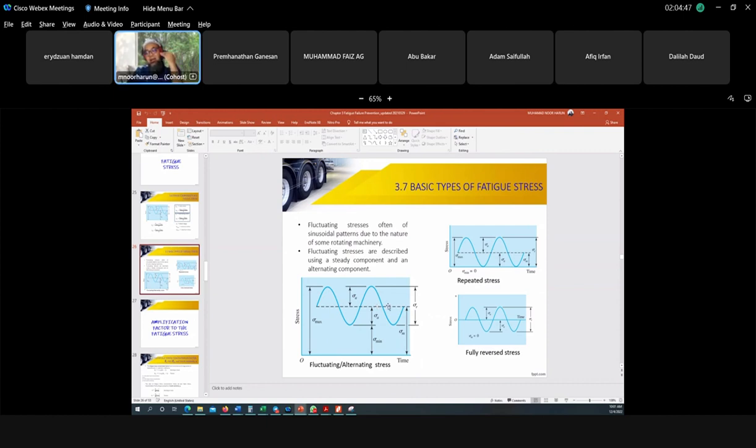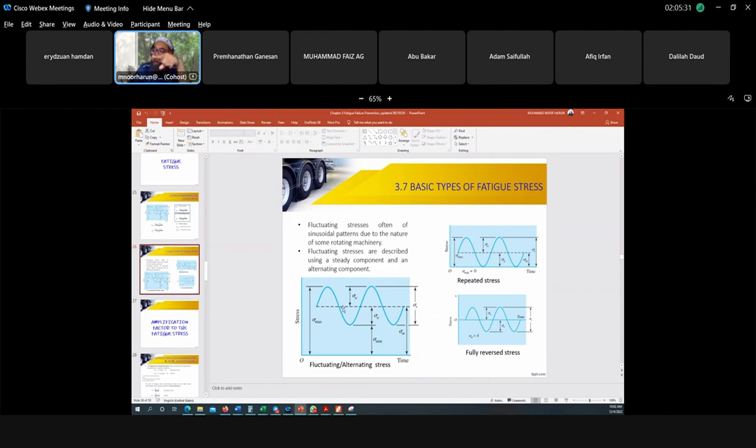Kita convert jadikan steady loads. Okay, dia dua. Satu, it has 2 types. One is alternating, fluctuate. Okay, dia akan fluctuate lah. So apakah value of that fluctuating? So that is alternating stress. Okay, so this alternating for upward and this alternating for downwards. So what's the value from the middle line, the middle line of the sinusoidal graph?